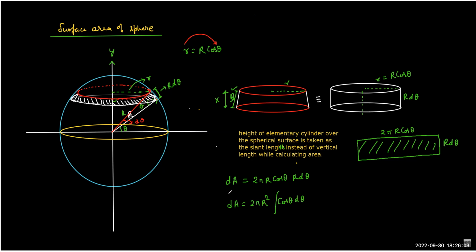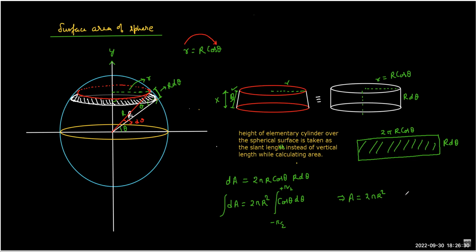So you want the entire area. So you must vary the θ from minus π by 2 to get the bottommost point, to plus π by 2, the topmost point. And I hope you can do this integration. So tell me what is the area coming? So cos θ will give you sin θ.